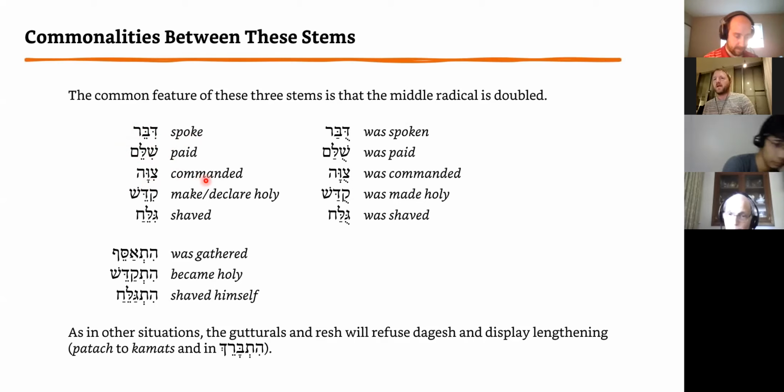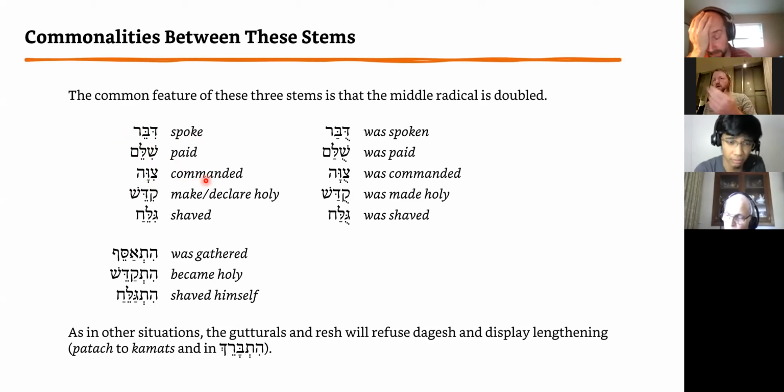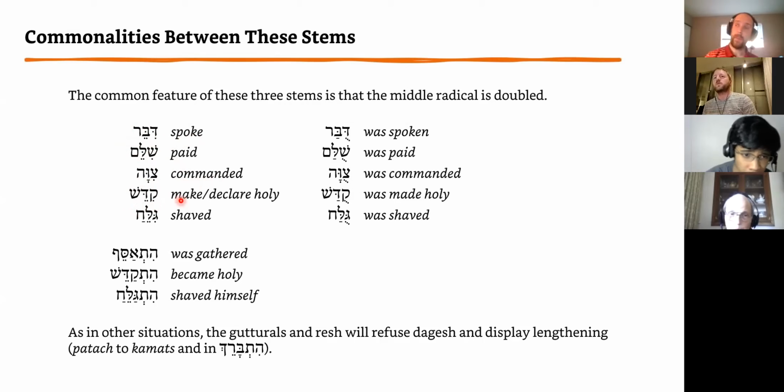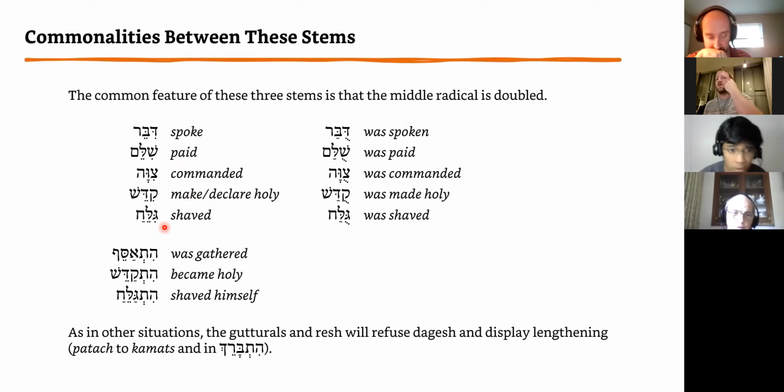Tziva, he commanded. We've seen Mitzavecha Hayom in the Shema passage that we looked at. Kidesh, that's he made holy, or he declared something holy. Gileach, he shaved his beard. Ugileach et zakan, or Gileach et panav.